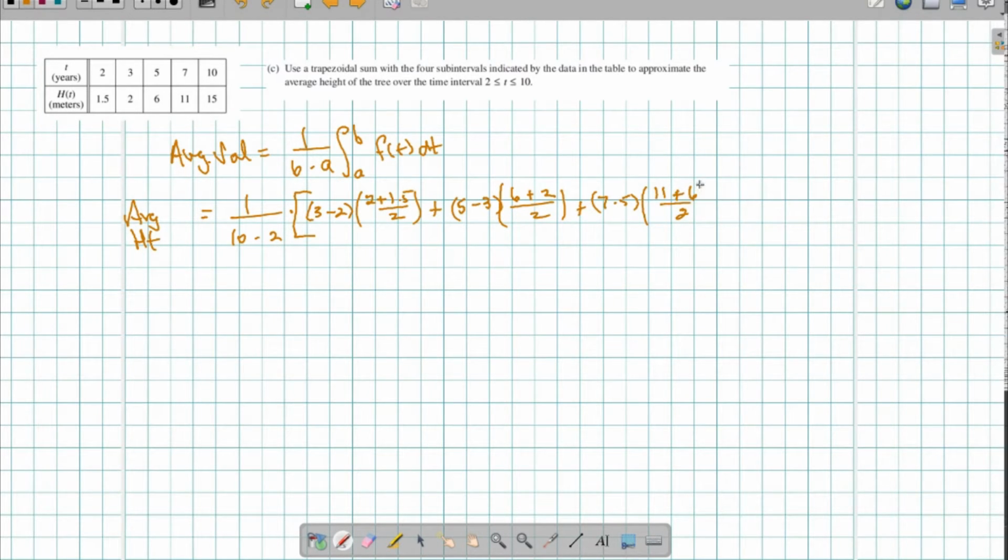That's a plus. And then my next trapezoid is going to be 10 minus 7 times 15 plus 11 over 2. And so this is my average height of my tree, and keep in mind, because we are talking about units being given, I do need to say that this average height is in meters. So that's part C, and now on to part D.